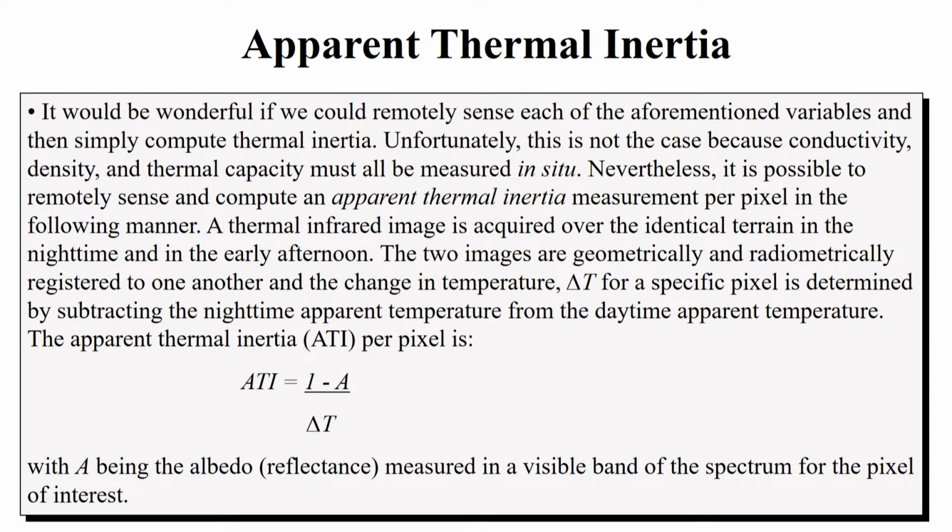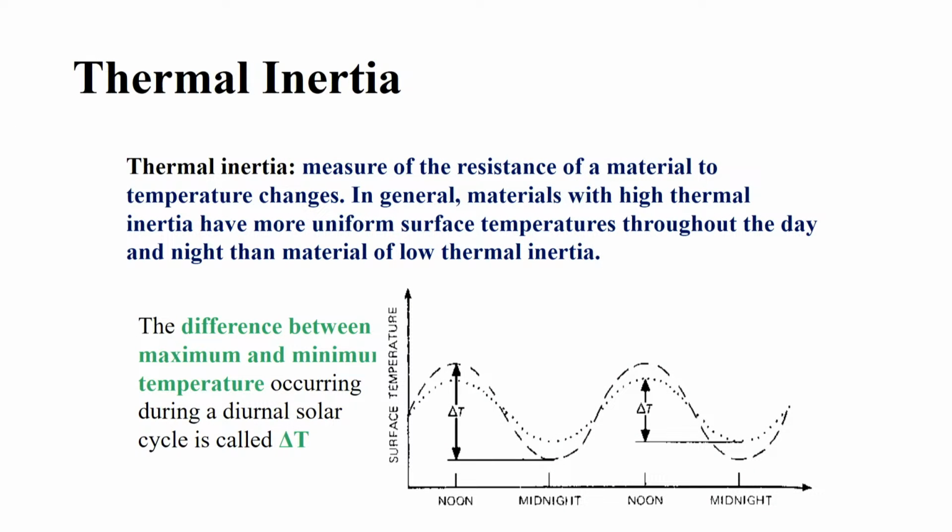Now when we are talking about thermal inertia, a thermal data set is also used to measure it. But since we do not have direct measurement or field truth for the thermal conductivity as well as the thermal capacity of the surface, we are basically measuring the apparent thermal inertia, which is shown here as 1 minus A divided by delta T, where A is the albedo or reflectance in the visible band of the spectrum, and delta T is the difference in temperature between the night time and daytime imagery.